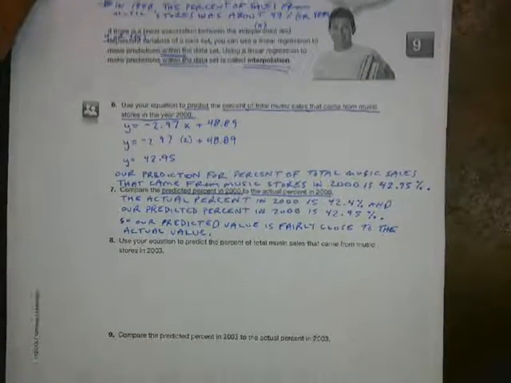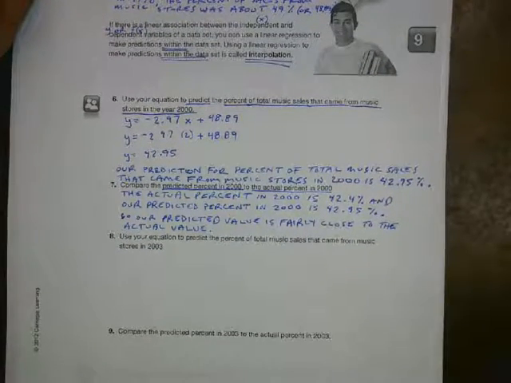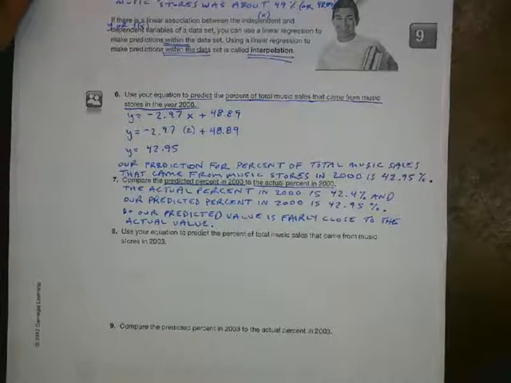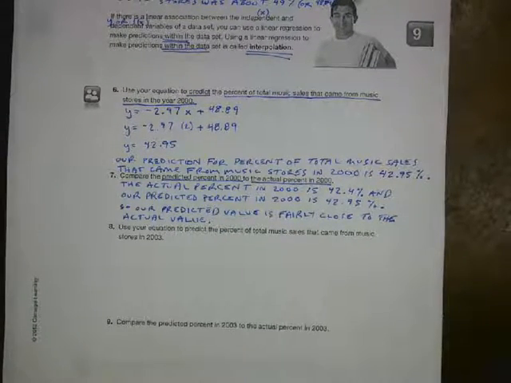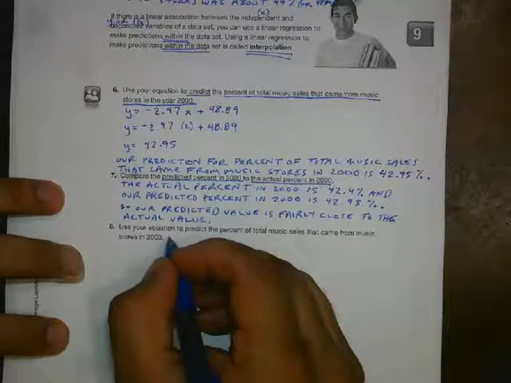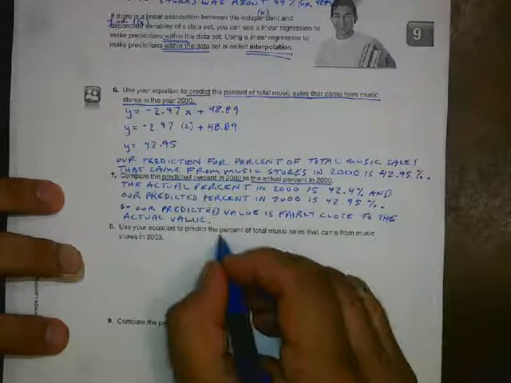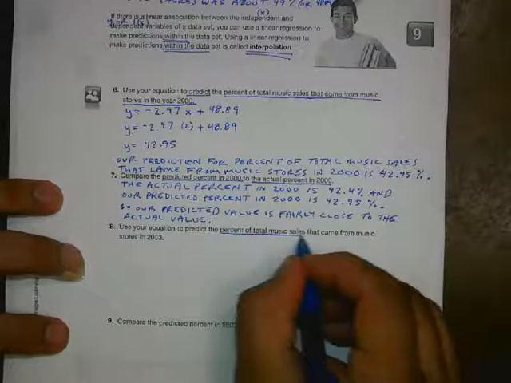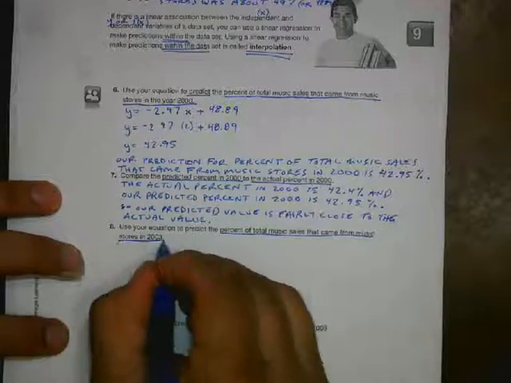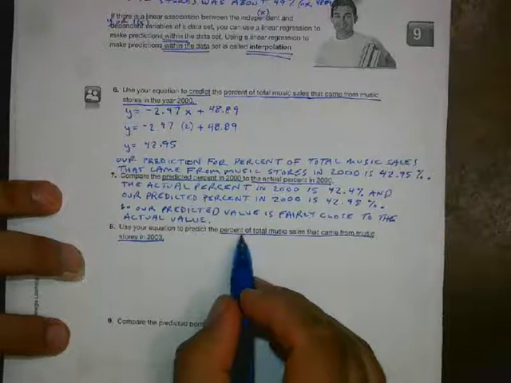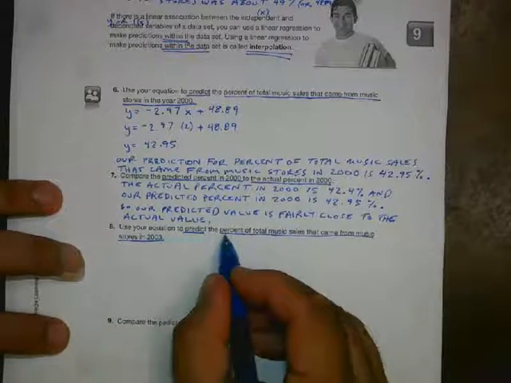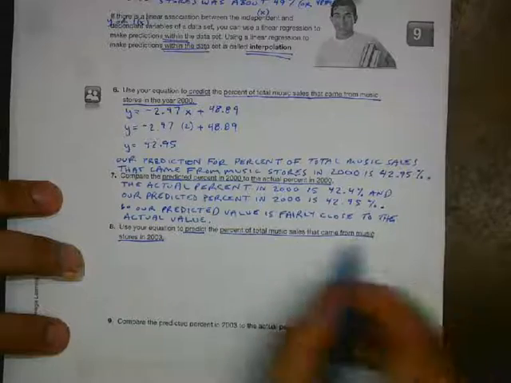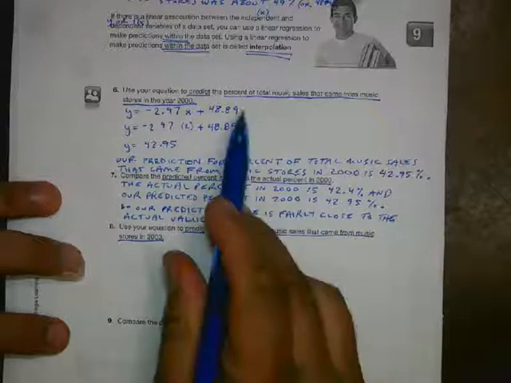Question 8, they want you to use your equation to predict the percent of total music sales that came from music stores in 2003. So again, right here, I'm going to use that to write my answer. We'll use the word predict and percent of total music sales that came from the music store in 2003, just like we did up here.